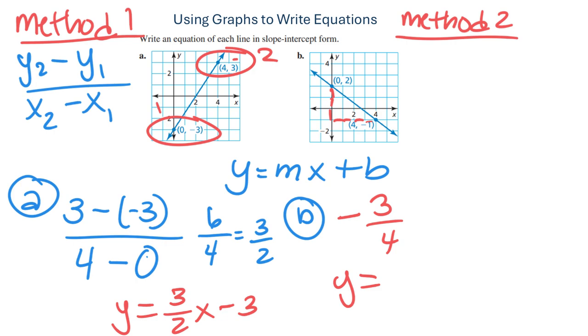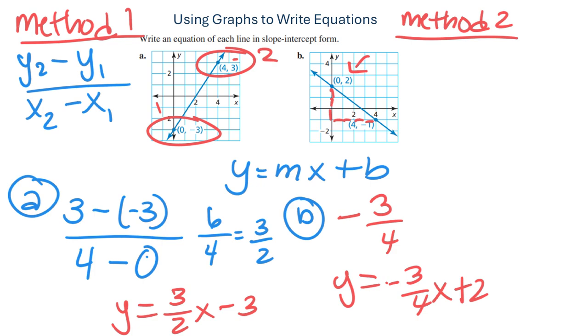So we have y equals negative 3 over 4 x, and where does it intercept? Plus 2, at the 2. It's right over here where it intercepts. That is where you find your intercept. Because it's going, in reality, it's going negative.